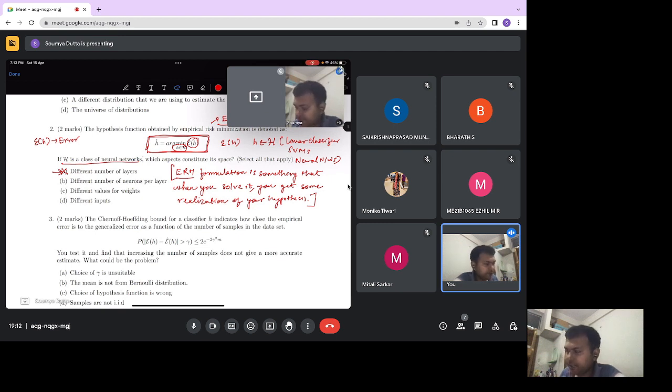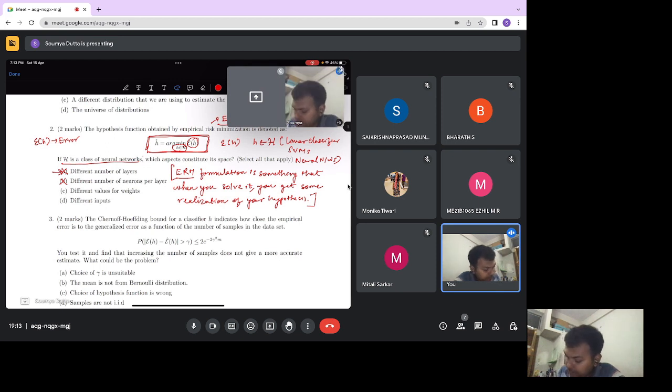For example, you cannot have 2-layer neural networks and 3-layer neural networks in your hypothesis space. You only need to have either all 2-layer neural networks or all 3-layer neural networks. For the same reason, different numbers of neurons per layer also cannot be a factor, because when you solve the ERM problem, you cannot have the number of neurons per layer to be variable.